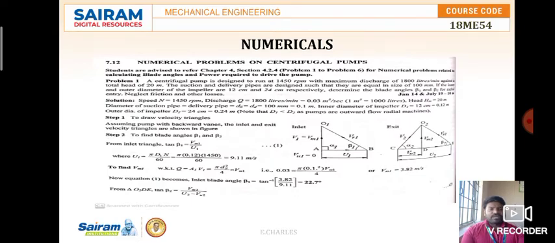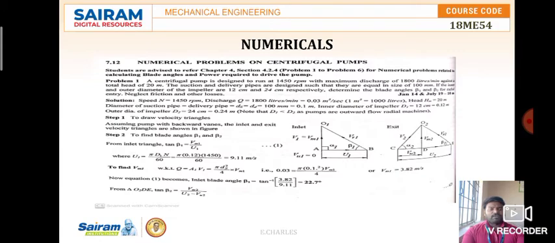So first we will find out beta 1. According to the inlet triangle, tan beta 1 is equal to Vm1 by U1, opposite side by adjacent side. Here we don't know U1, so U1 will be calculated by the formula pi D1 N by 60, which gives 9.11 meters per second.